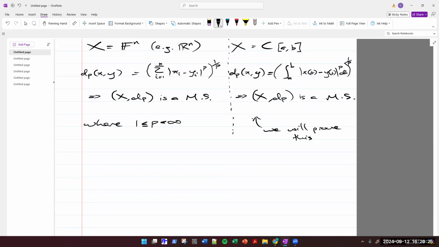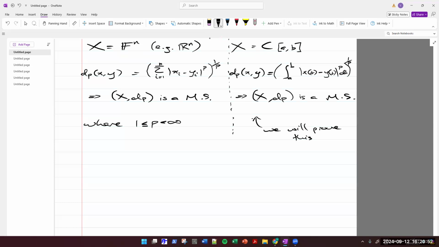For the space F^n you have a Minkowski inequality, and then you also have the version for the space of continuous functions. Depending upon what metric space you're in, when you say Minkowski inequality, you will know which one to use. And the proof of both follow the same steps.